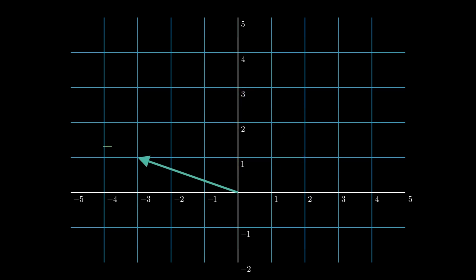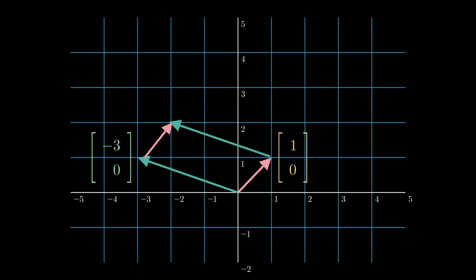Let's do another example, but this time we're going to use the vector columns. Here we have a green vector, which is -3, 0, and a pink vector, which is 1, 0. If we use the parallelogram method, we would create a parallelogram, and the fourth vertex or corner should be the summation, which is -2, 0, represented by the yellow vector.